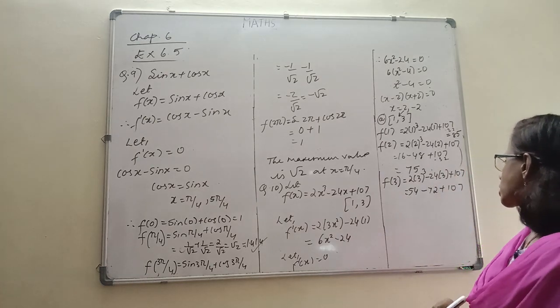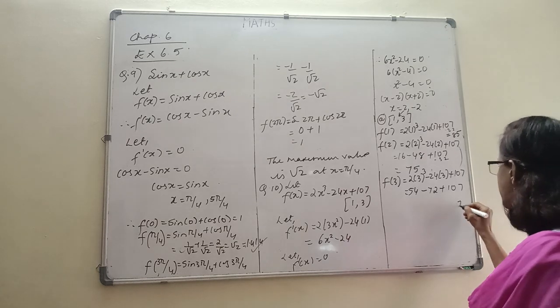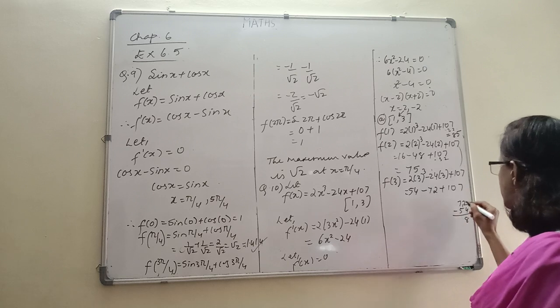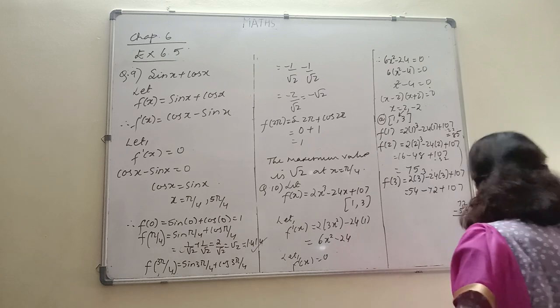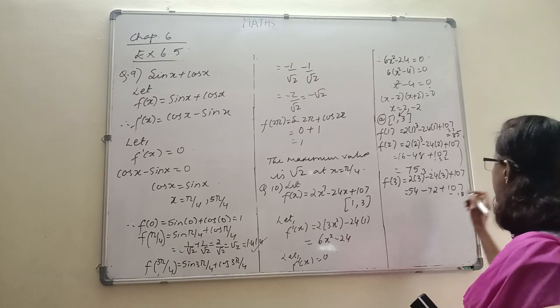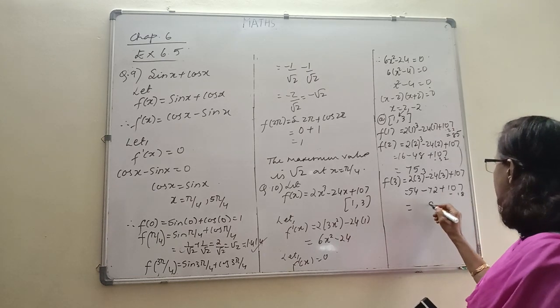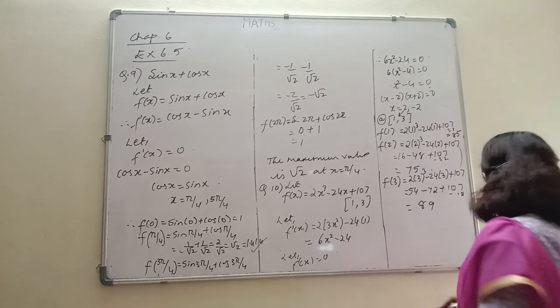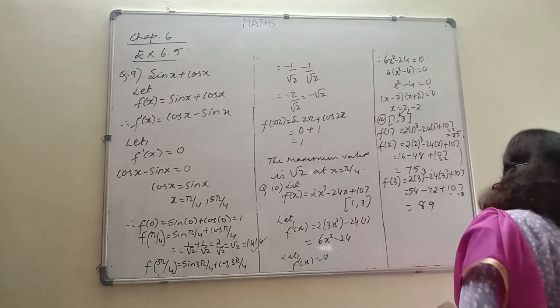So 72 minus 54 is 18. So the net effect is negative 18, like subtracting 18 from 107. So you're getting f at 3 as 89.